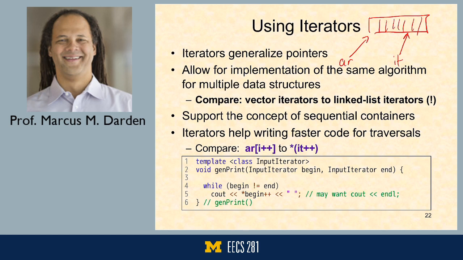So it ends up being slightly faster because as I dereference it, it is pointing at the data already. If I try to dereference R, I can dereference the thing that R is pointing at. But if I wanted to dereference this location, I'd have to say, well, let's take R plus 5, right? So there's some math in there, and then dereference that.